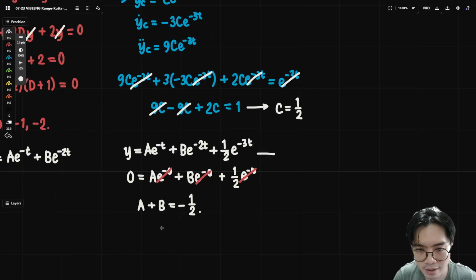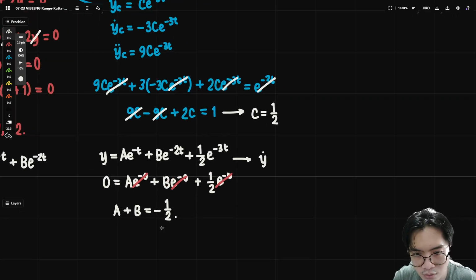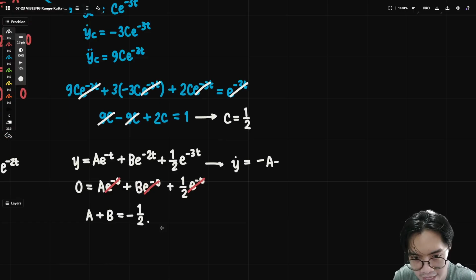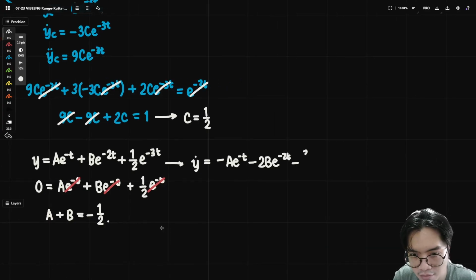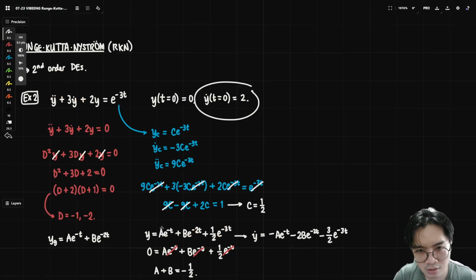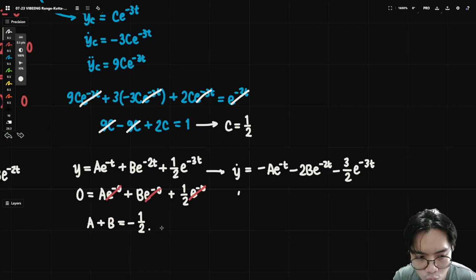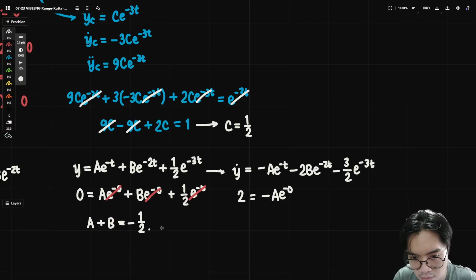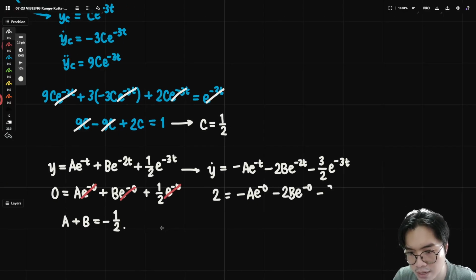Next, we differentiate. What comes out will be negative A e raised to negative t, negative 2B e raised to negative 2t, and then negative 3 halves e raised to negative 3t. And if we apply the initial condition, we will have 2 is equal to negative A e raised to negative 0 minus 2B e raised to negative 0 minus 3 halves e raised to negative 0.